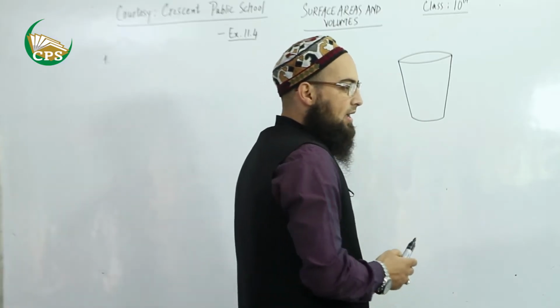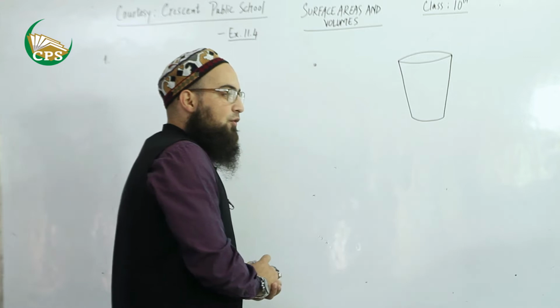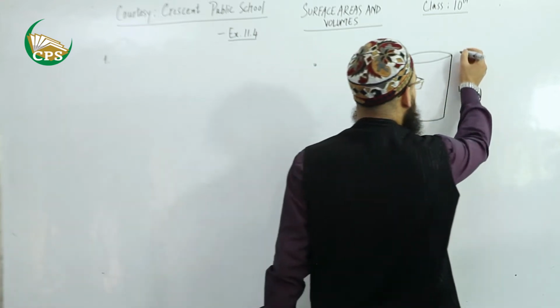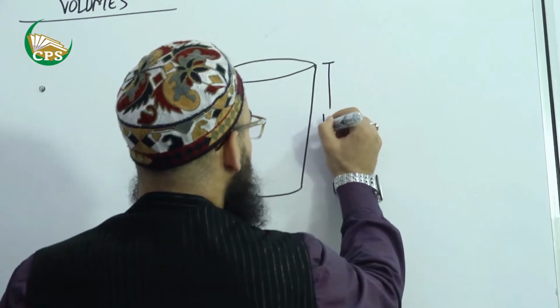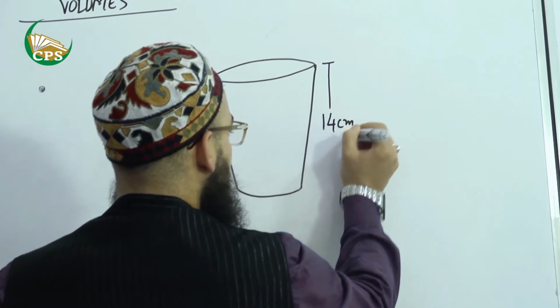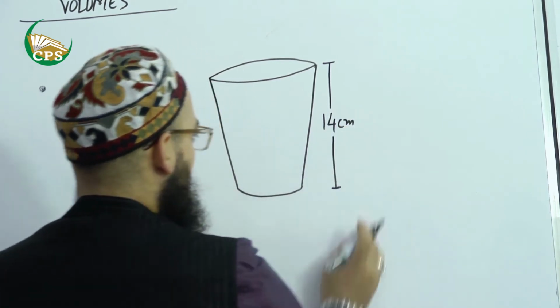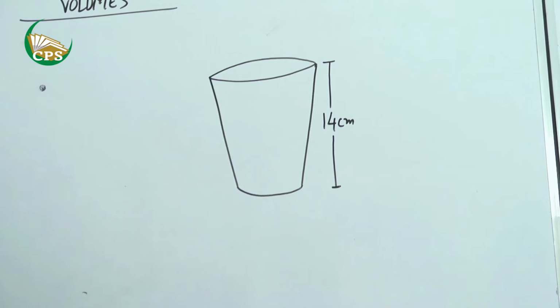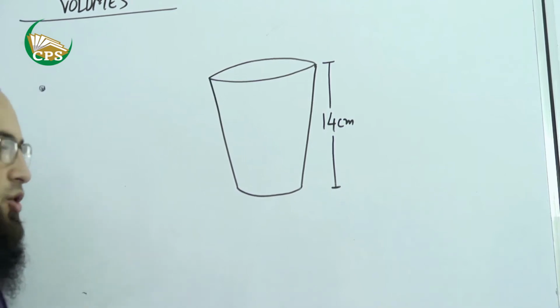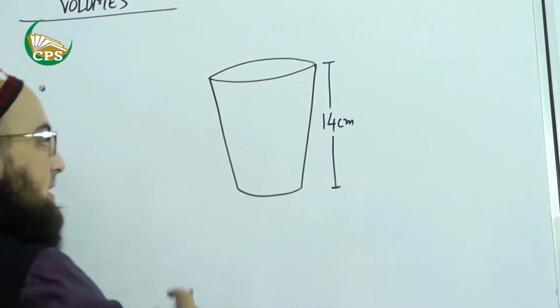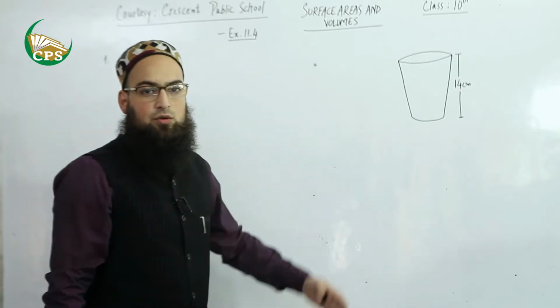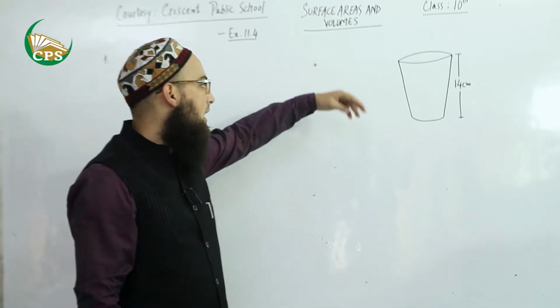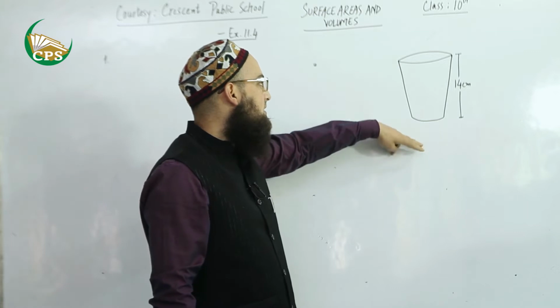Now, a drinking glass is of the shape of a frustum of a cone of height 14 centimeter. So here, our height is 14 centimeter. This is the height of this glass. The diameters of its two circular ends are 4 centimeter and 2 centimeter. We know frustum has two diameters, the upper part and the lower part.